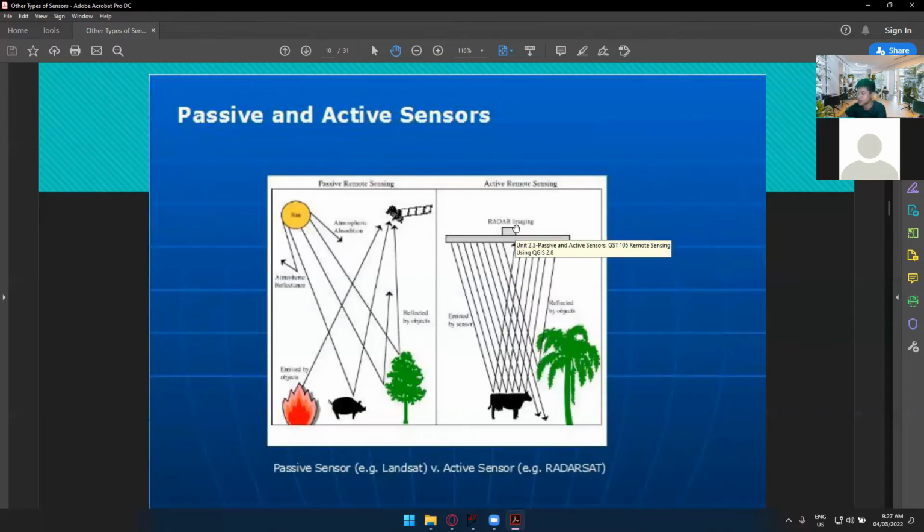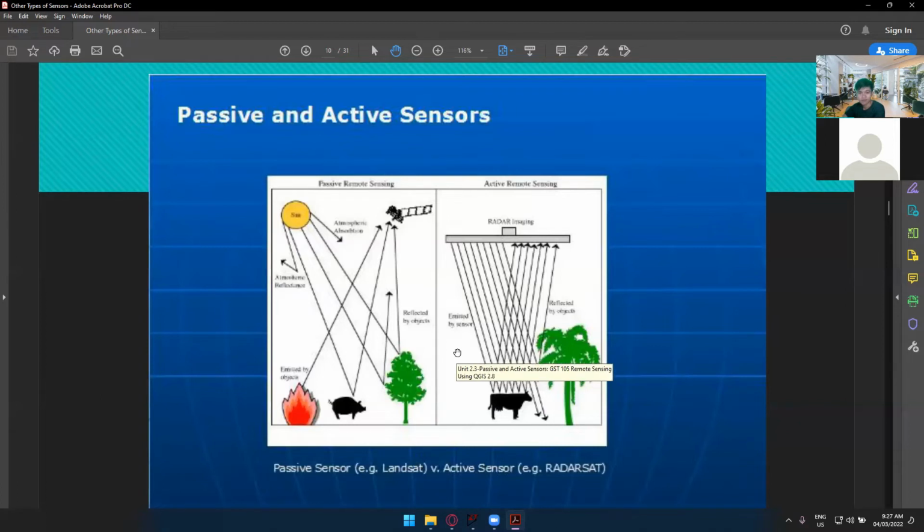This one is also using radar imaging. That is one example of passive and active sensing.